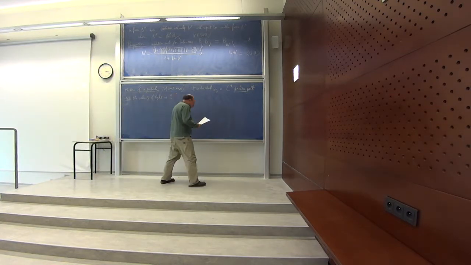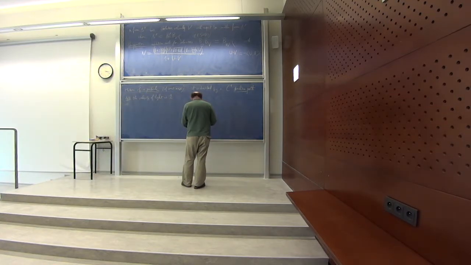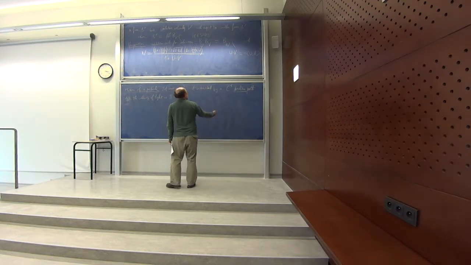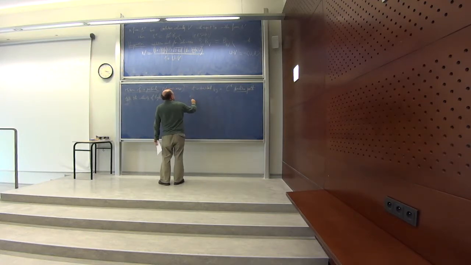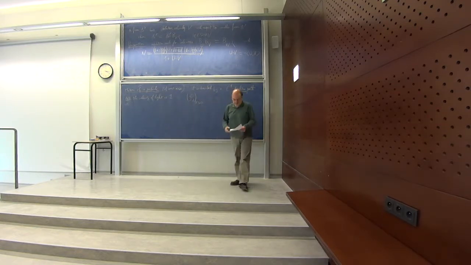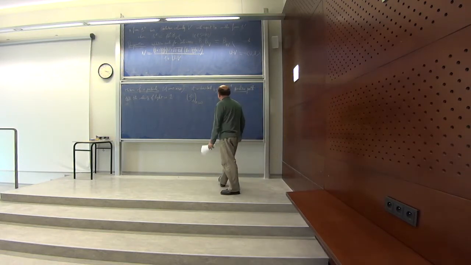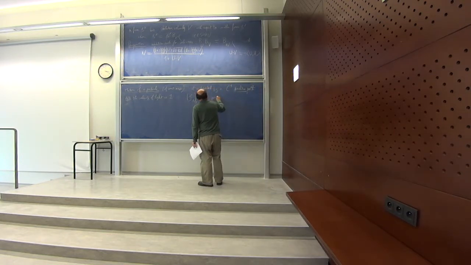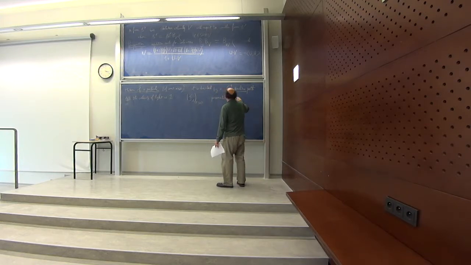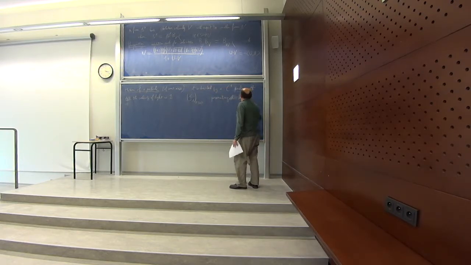So I denote it by Cs, say for S positive, and I can always choose the parametrization, parametrized by arc length.